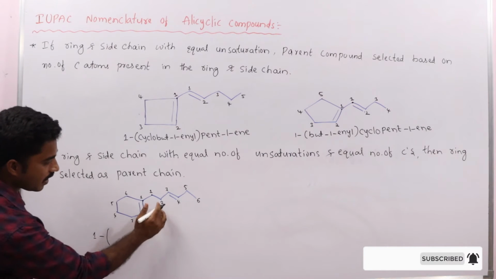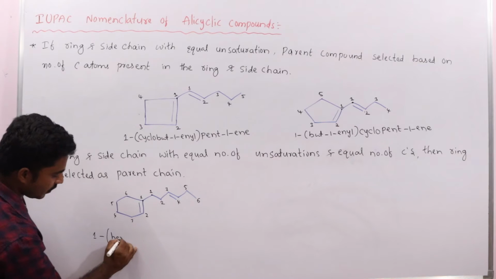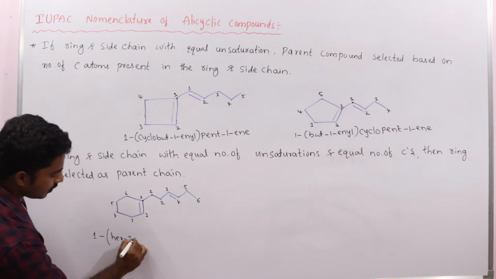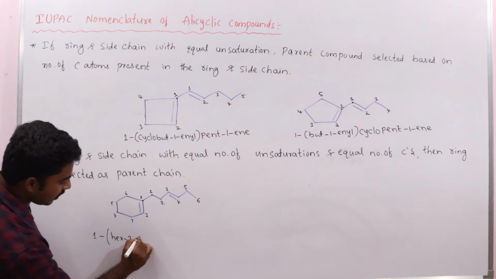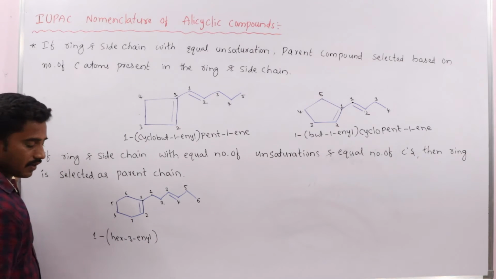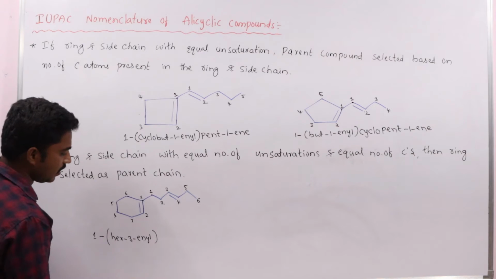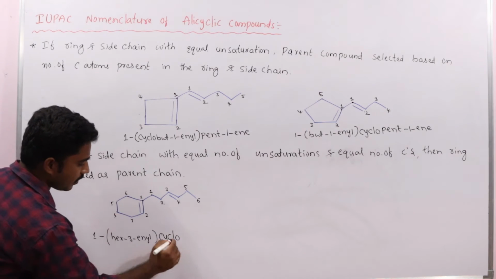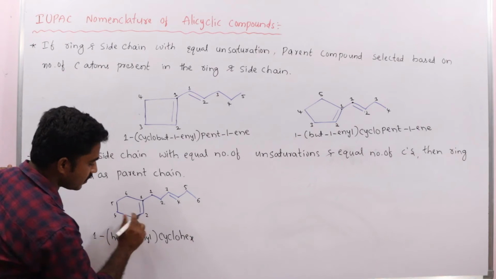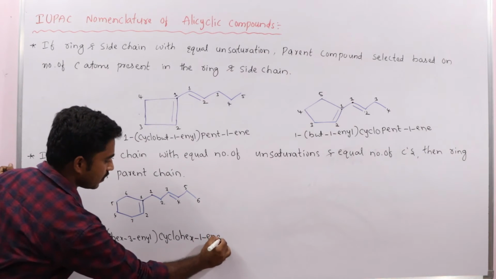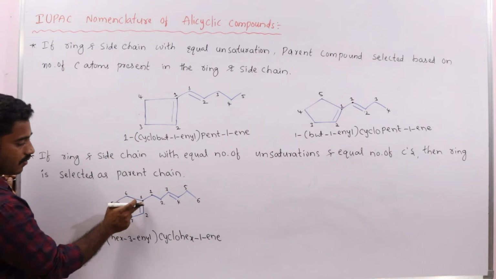Then write the substituent name at the first position of the parent compound. So which group is there? Hex, because here 6 carbons are there in the side chain. Hex-3-enyl: at the third position, a double bond. 1-hex-3-enyl. The cyclic group, cyclohex, because 6 carbons are in the parent chain: cyclohex-1-ene.